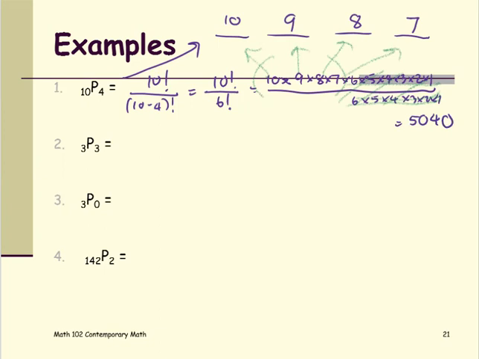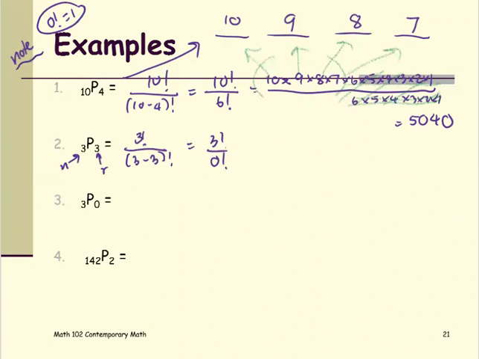Okay, so for numbers 2, 3, and 4, we do it the same way. If you do the formula, it's going to be 3 factorial, which is the n value, and r is 3, so divided by 3 minus 3 factorial, or 3 factorial divided by 0 factorial. Note that by definition, 0 factorial equals 1. So we have 3 factorial divided by 1, or 3 times 2 times 1, which is 6.